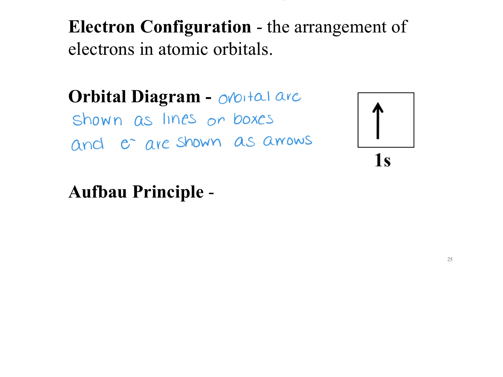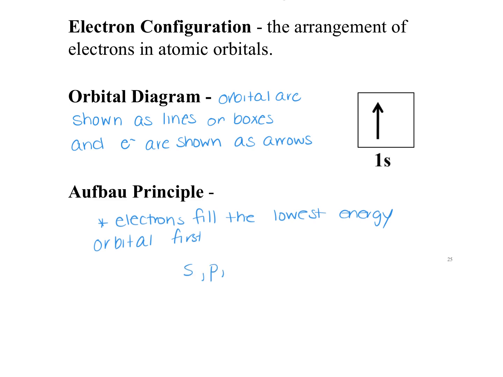The first rule is the Aufbau principle, and it says that electrons fill the lowest energy orbital first. So that means s is going to be filled first, then p, then d, and then f.